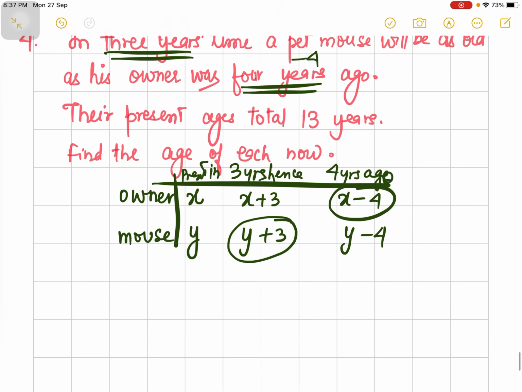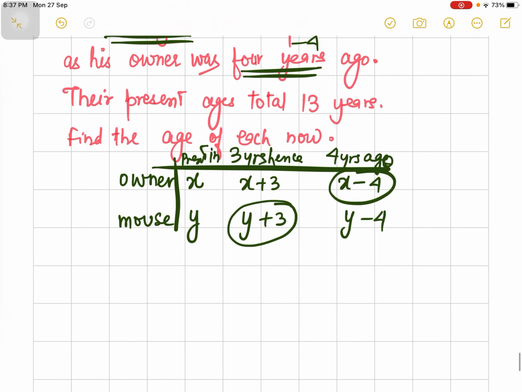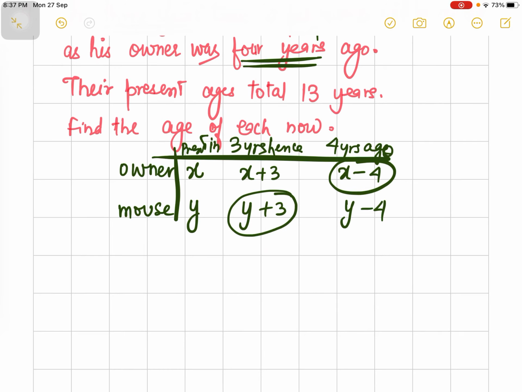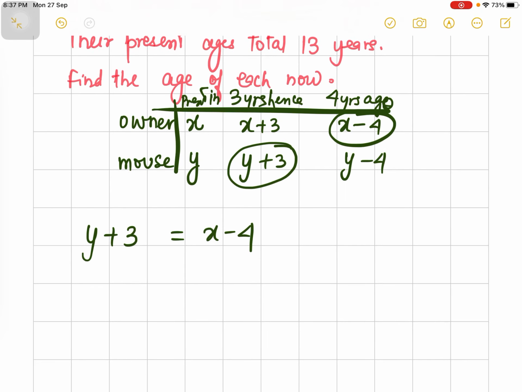So according to the first information, it was as old as the owner was 4 years ago. We can confidently say that y plus 3 will be same as x minus 4. How interesting. Bring the variables on one side and the constants on the other side. So y minus x will be equal to minus 4 and minus 3, that's minus 7. This becomes our first equation.